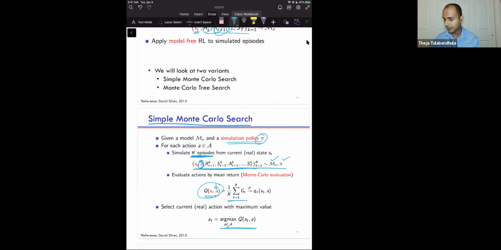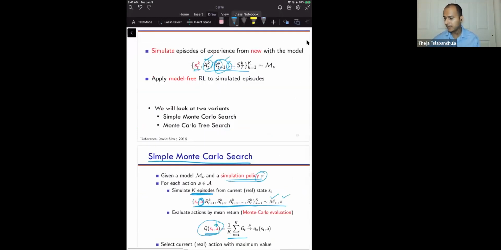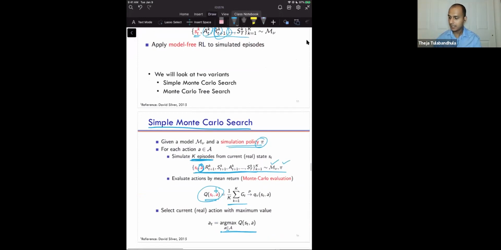Actually, on this slide I'm just describing an initial algorithm called simple Monte Carlo search, or just Monte Carlo rollouts. The idea is that you somehow access a simulation policy.